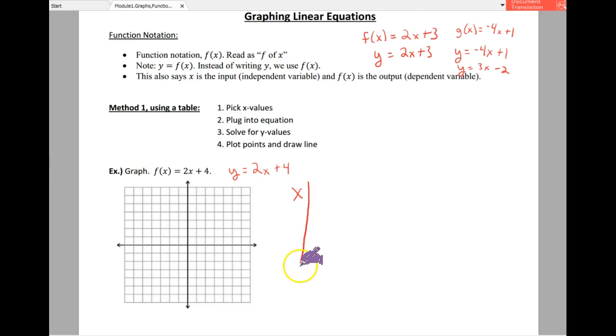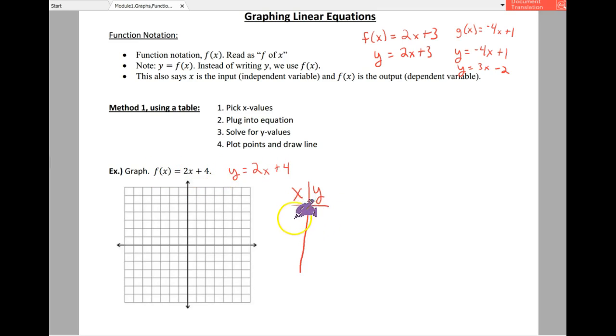I need to find x coordinates and y coordinates because we know that our linear equations are all going to be made up of ordered pairs that are solutions to this equation. So I can pick any value I want for x or y, but when it's written in this form, generally it's easiest to use the input, which in this case is x, and find the output, which is y.